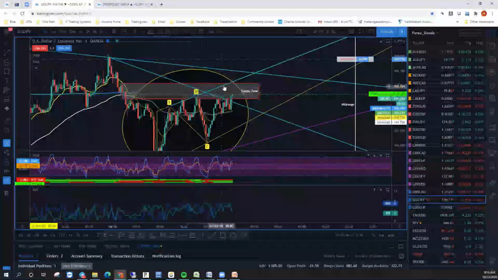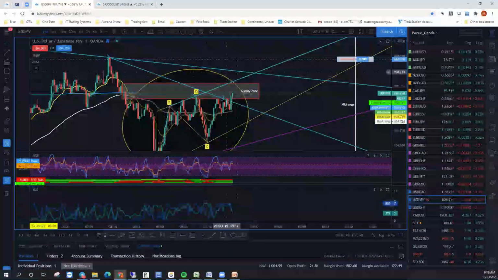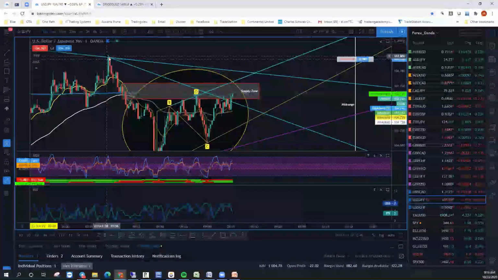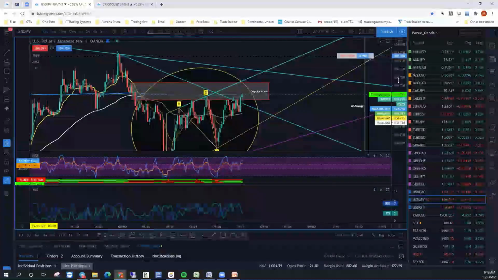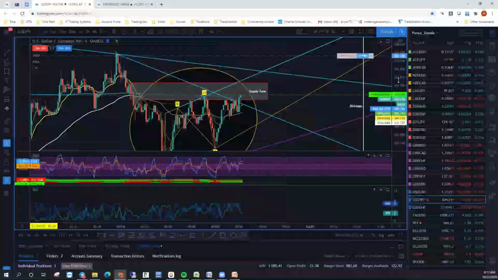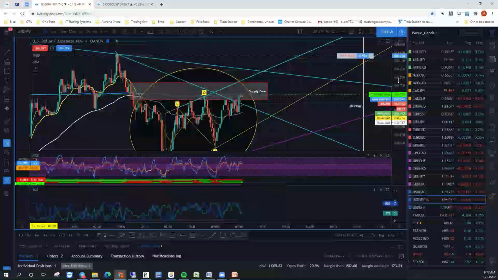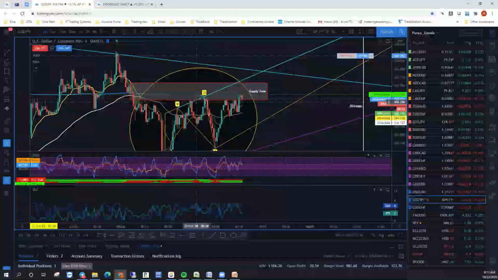If it breaks this upper trend line, it's going to break right up into this trend line. So we'll see if it's going to retest the top of the wedge, just like this area did. So this has now been broken. But this one's still valid.